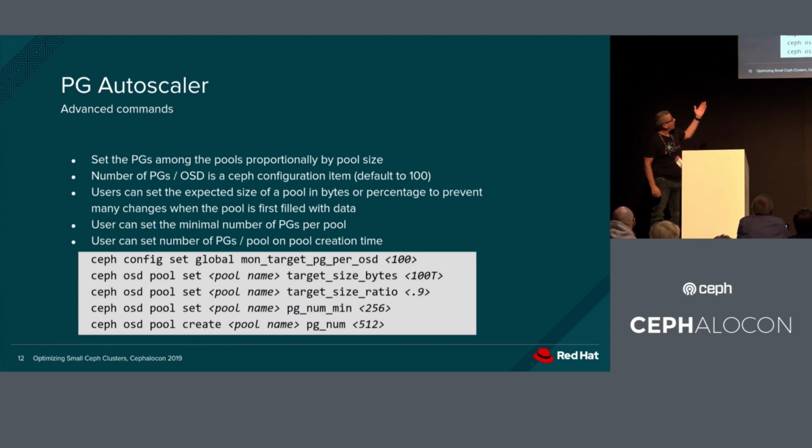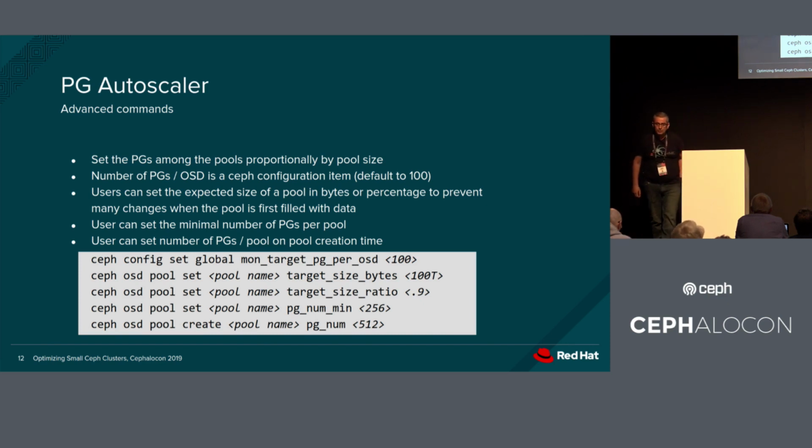So in the second line, the target size is going to be 100 terabytes, or you could say it's going to be 0.9, which means 90% of the system capacity. It will take it into effect. The first line, target PGs per OSD, the number of PGs per OSD, probably for a small system with a small number of PGs is too small. You may want to change it.